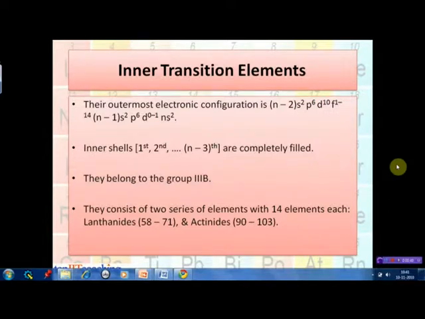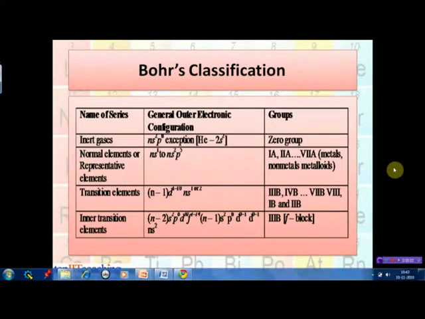They are known as actinides. Their outermost electronic configuration is (n-2)s2p6d10 f1 to 14, (n-1)s2p6 d0 to 1, ns2. The inner shells, that is the shells up to the (n-3) level, are completely filled.